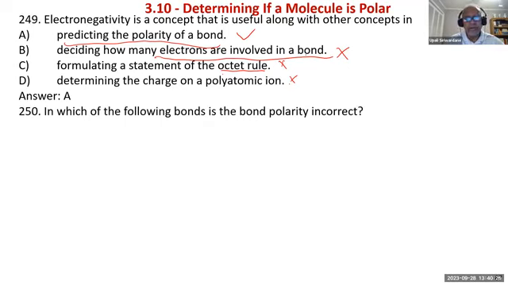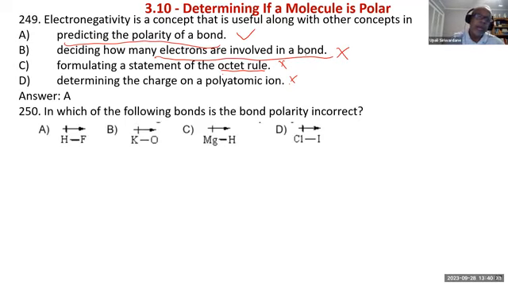In which of the following bonds is the bond polarity incorrect? You have to look at the arrow and check the electronegativity. This is greater electronegativity.